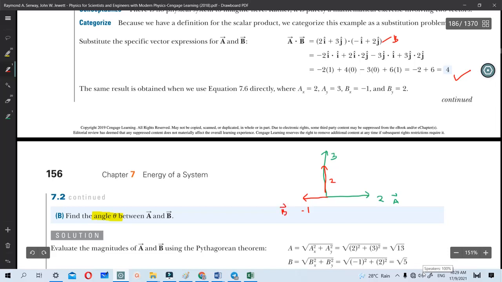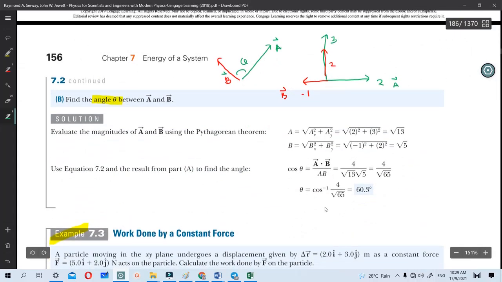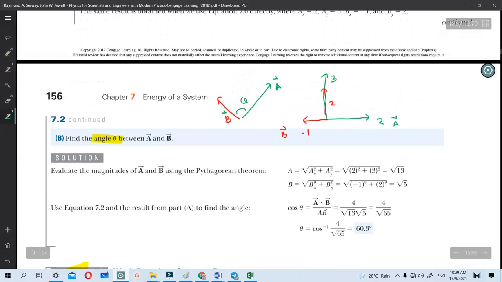Alright. So when you simplify, the figure should look something like this. This is B, the combination of the red one. And this is A. So this should be the angle between them. However, this would be a bit tough. So why don't we look at the calculation in this way.